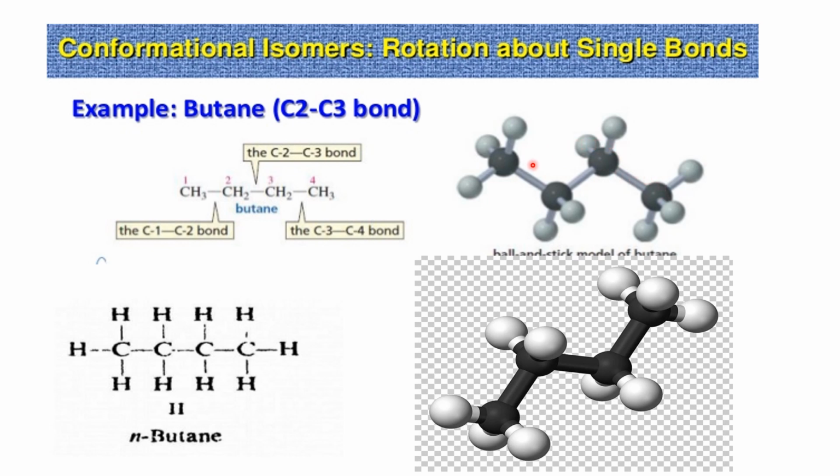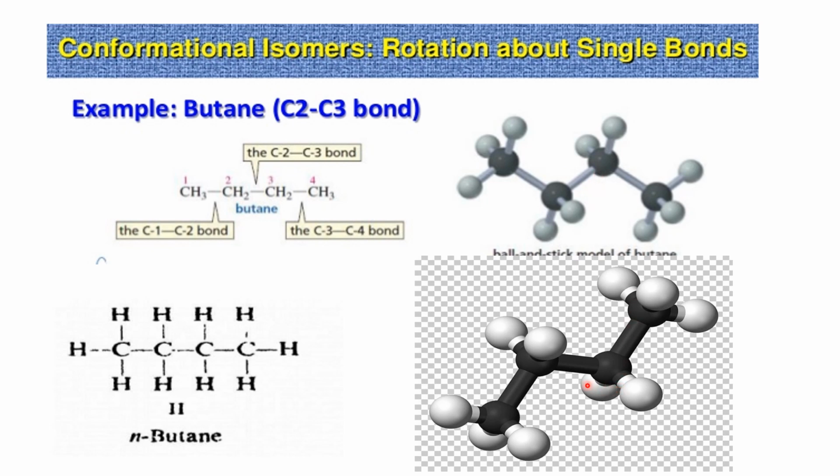So we think about the C2 and C3 carbon-carbon single bond. This C2 and C3 carbon-carbon bond could undergo rotation so that different conformations are possible. So we have to discuss the conformational isomers of the butane molecule around the rotation between C2 and C3 carbon atoms rather than any other carbon atom.